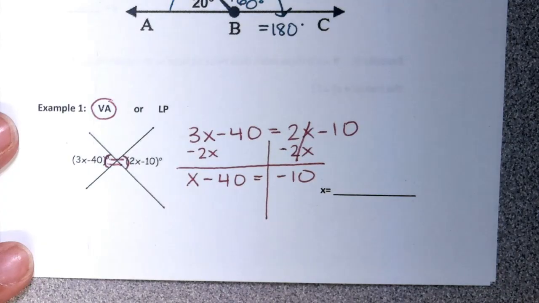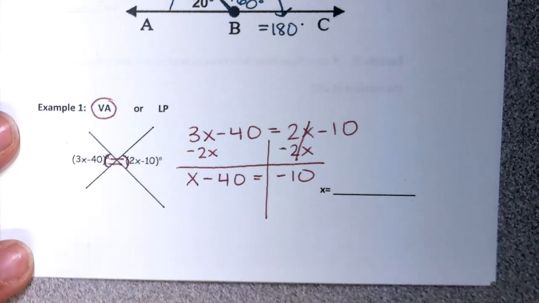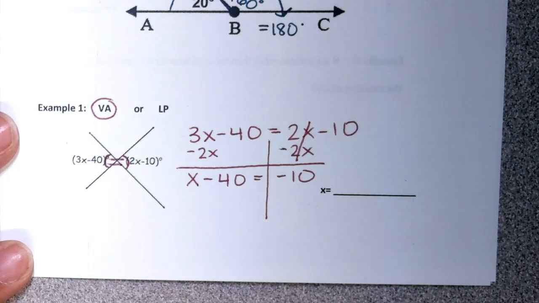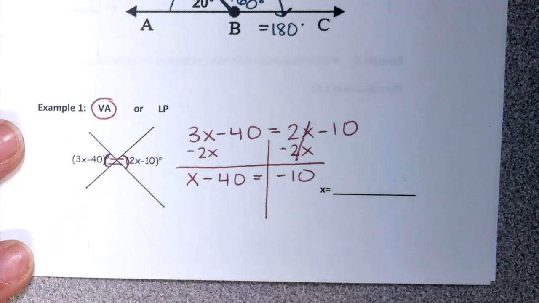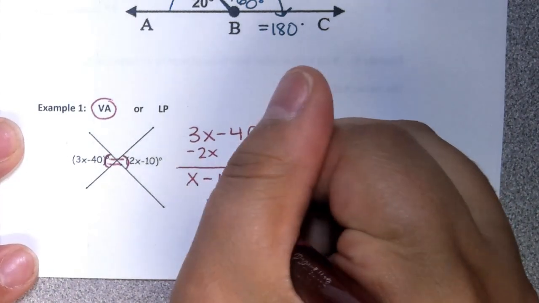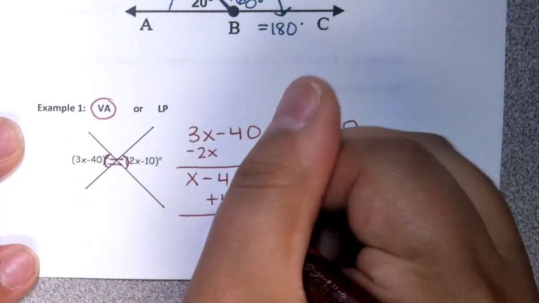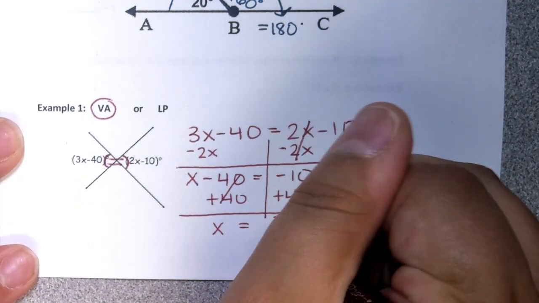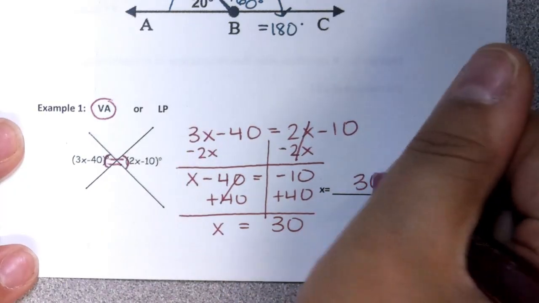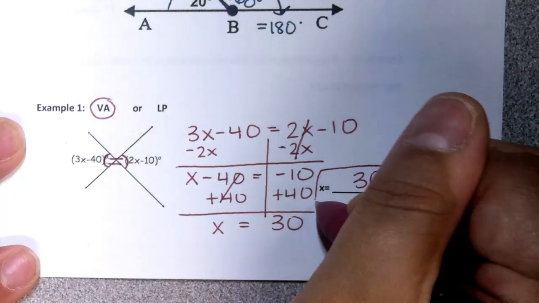Don't just bring down 10. If I'm writing it down, so are you. What do I do next? How do I get x by itself? Add 40. And what is negative 10 plus 40? X equals 30 is my answer.